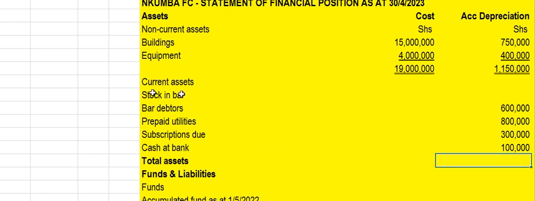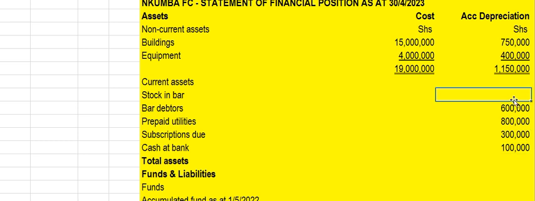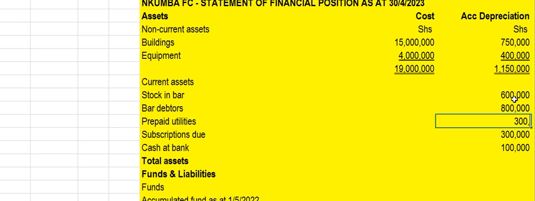Sorry, stock in bar, that is 600. This is 800. Bad debtors 800. Prepaid utilities, that is 300,000. The subscriptions due, that is the 100,000. Then cash at bank, that is receipts and payments.